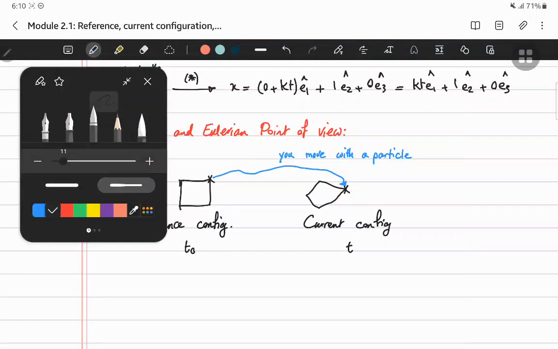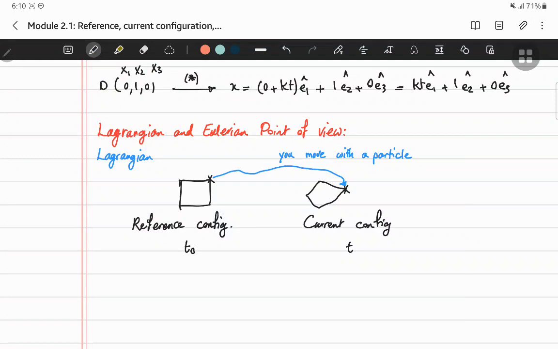It is not important what kind of quantity you have, whether it is displacement, velocity, stress, strain, work, power, energy, temperature, or whatever. You move with your particle, and you trace it at each time until you reach the time when you want to measure that parameter once more.